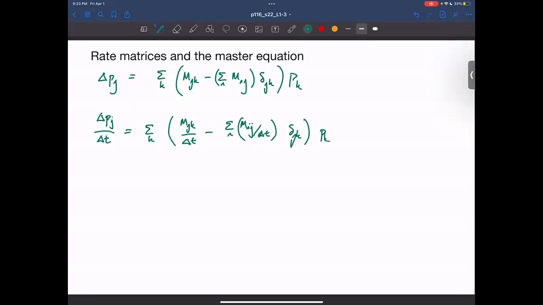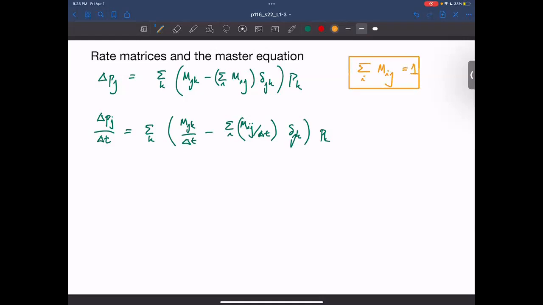Now we can define a few things. First, let me highlight here that this term we've kept around, but in principle it should be 1. This is our condition for a stochastic matrix.